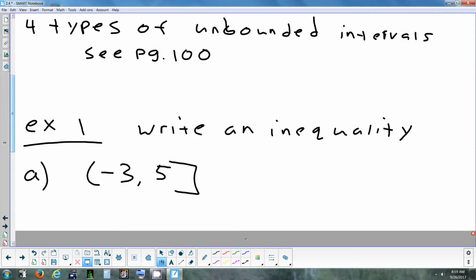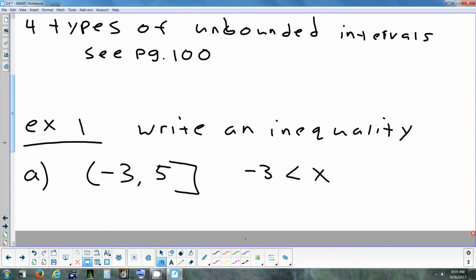All right, so let's take this and write an inequality to represent this interval. This is called interval notation. We're going to rewrite it as an inequality, and we'll use x as our variable. Jane, could you give me what that inequality would be? -3 is less than x.